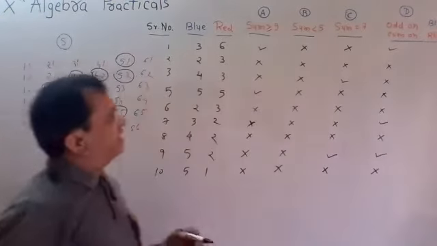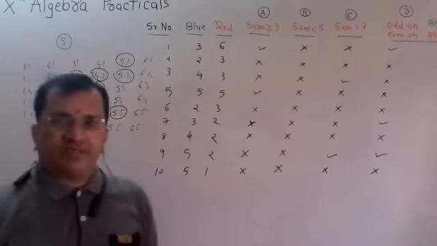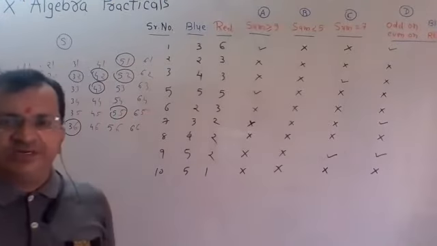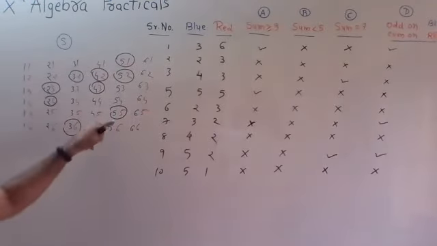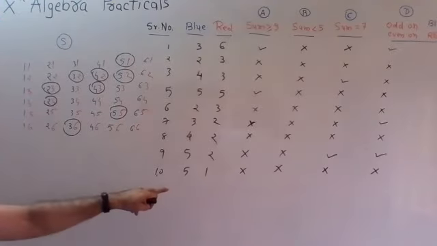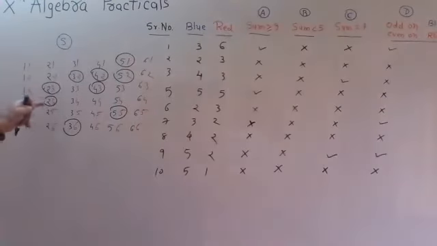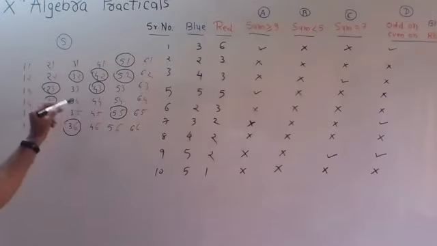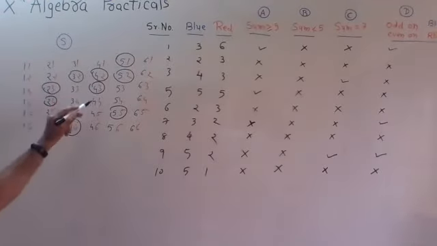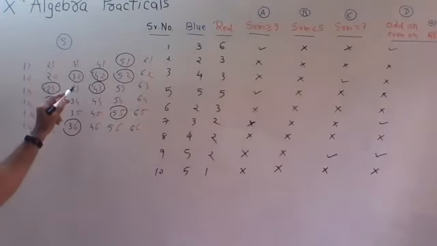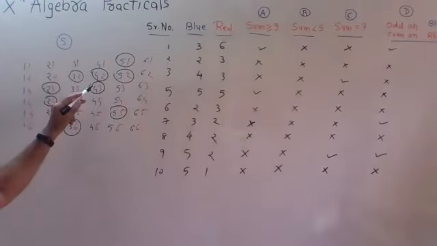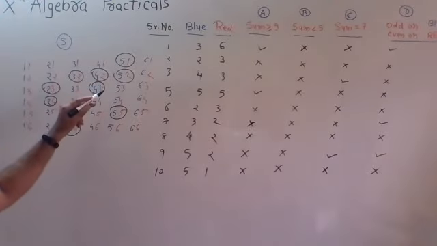So write that first 10. Then I'll remove it and write another 10. So 1, 2, 3, 4, 5, 6, 7, 8, 9. I have copied 5 and 1. 36 also written. 23, 43, 55, 23, 32, 42, 52, 51.